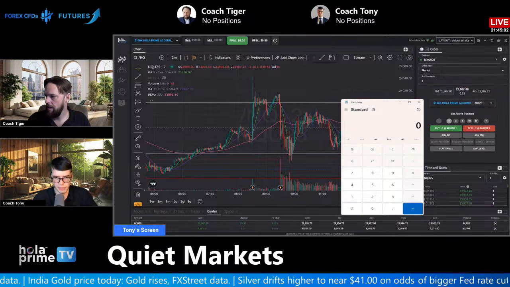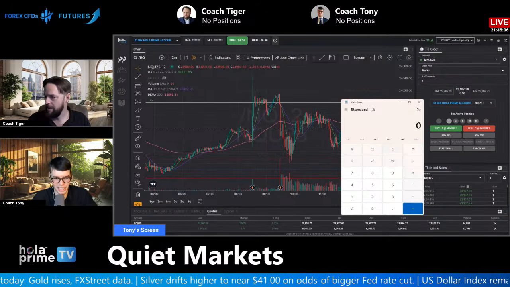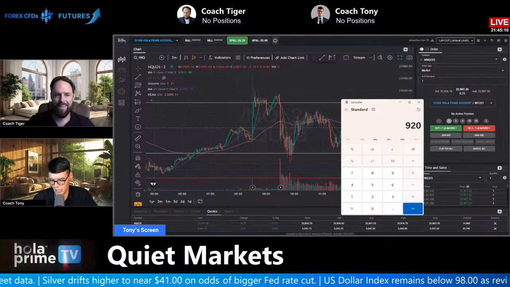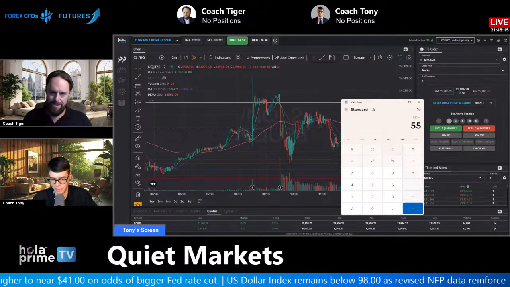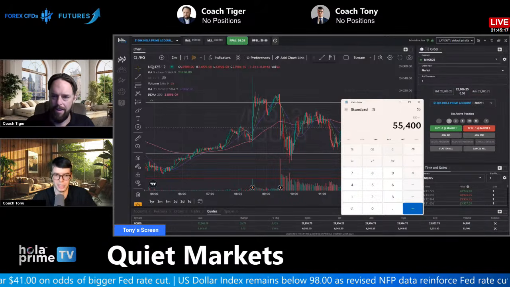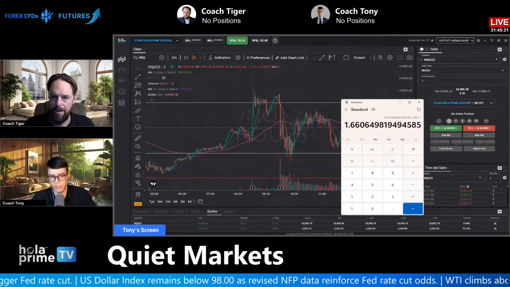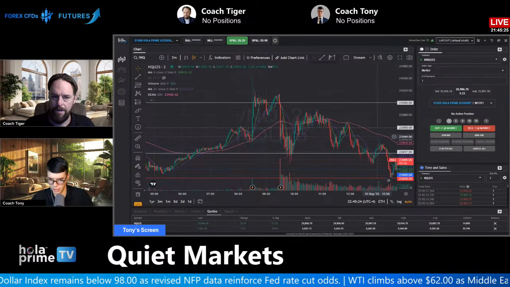I think it's $55 trillion or something. So, simple math: 920 billion divided by $55.4 trillion, times 100. Oracle only accounts for 1.6% of the S&P 500.